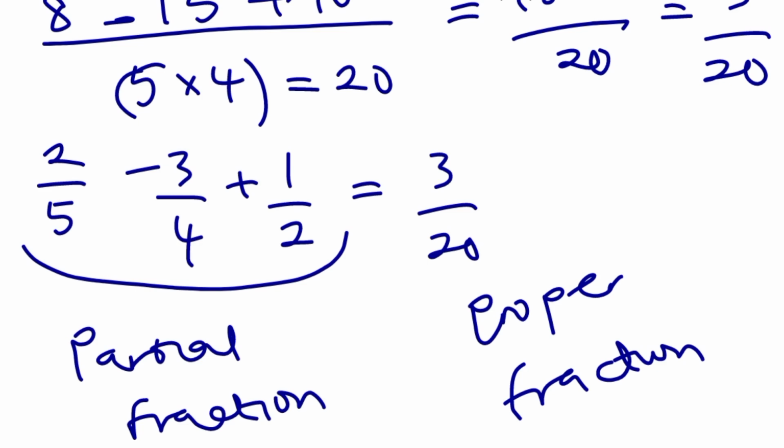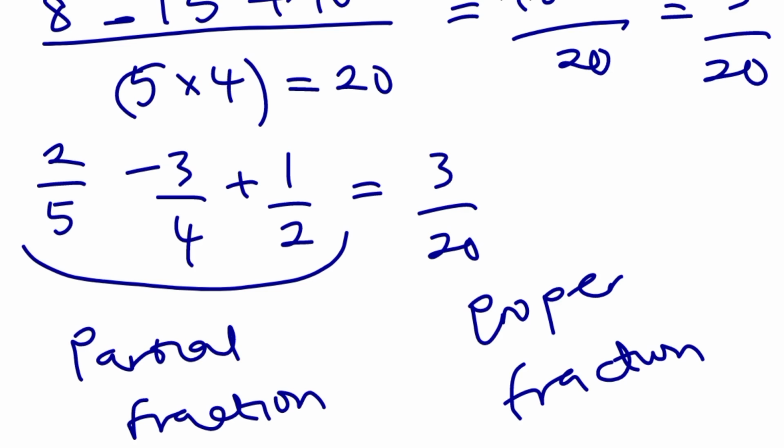So you can see that we go from the partial fractions, which are split, into just a single one, which gives us a value of 3 over 20. There are cases whereby we want to go from the proper fraction, 3 over 20, back to the partial fractions.